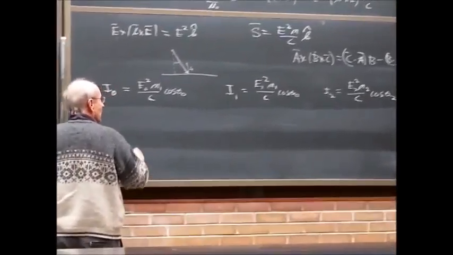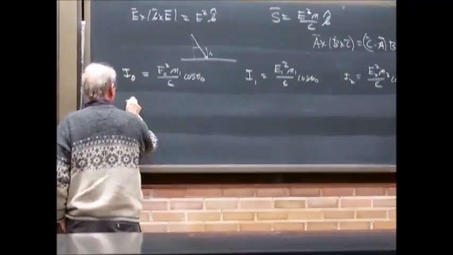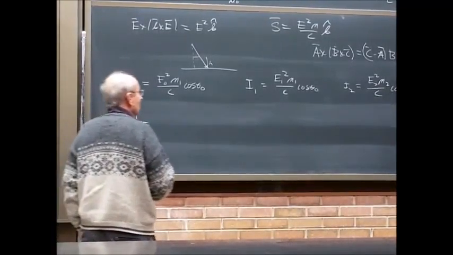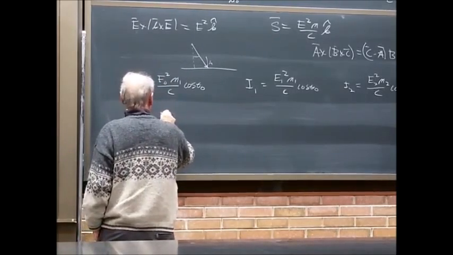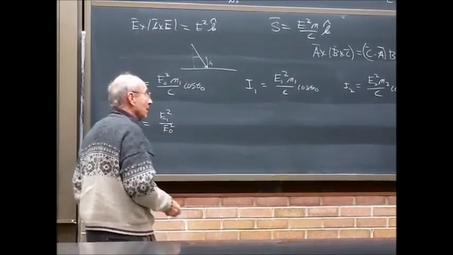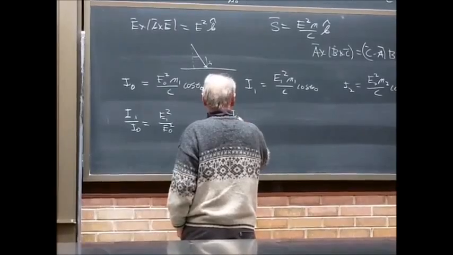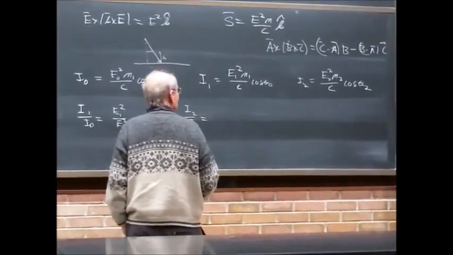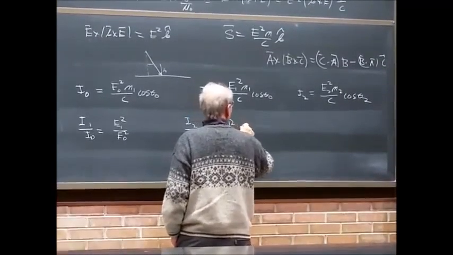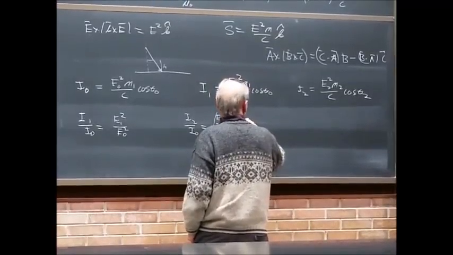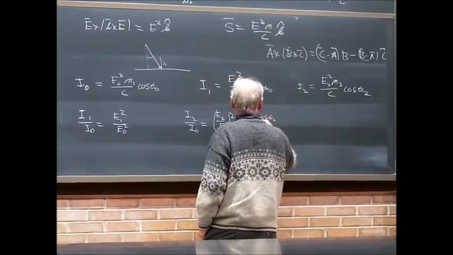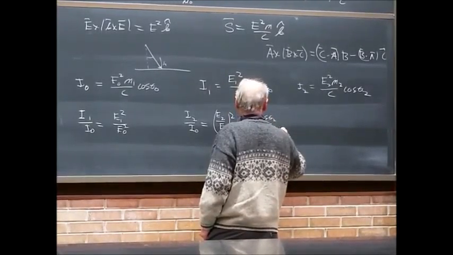So, the fraction of energy reflected is I1 over I0. And you simply get E1 squared over E0 squared. The fraction transmitted is a little different. It is E2 over E0 squared. But then your C's will cancel out. You'll have N2 over N1 cos theta 2 over cos theta 0.